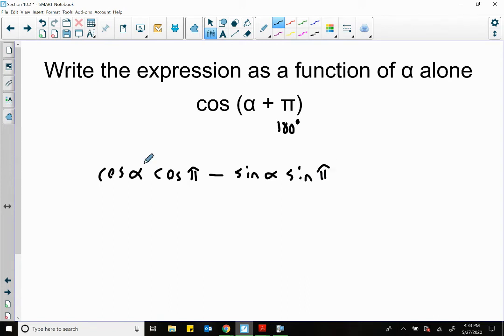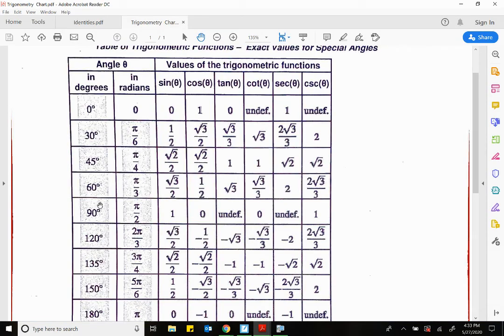Well, we don't know what alpha is, but we sure as heck know what pi deals with. So cosine pi, go to our chart. Cosine of pi is down here at 180, so cosine of pi is negative 1.